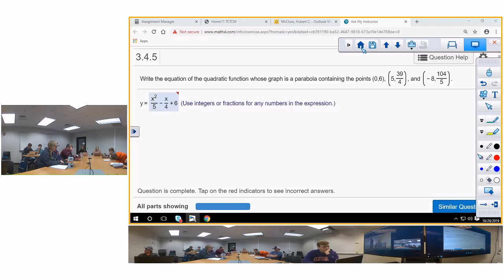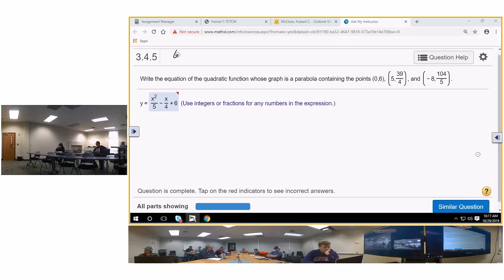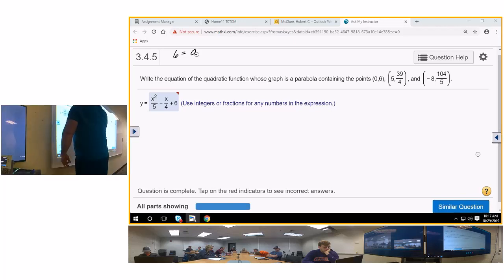Let's do it one more time. Let's see. y equals ax squared plus bx plus c. That goes out, c is equal to 6.